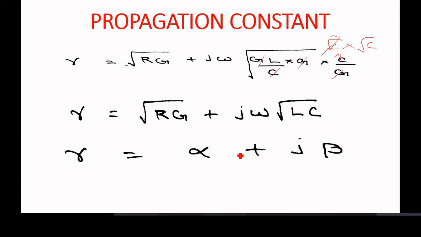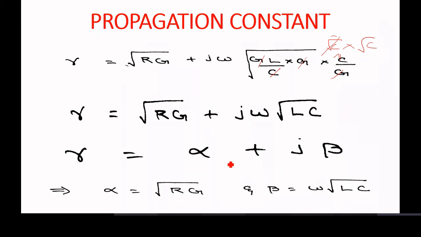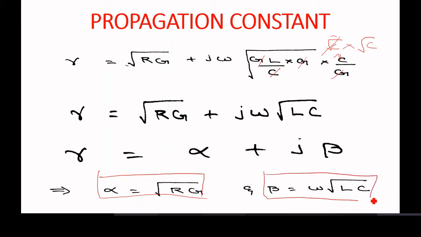So if you compare with alpha plus j beta, alpha is nothing but root Rg, whereas beta is nothing but omega root LC.